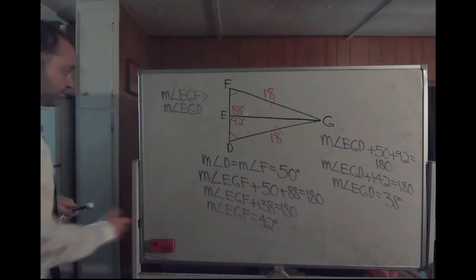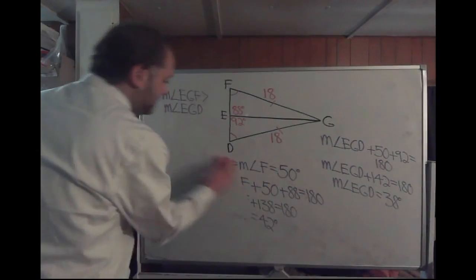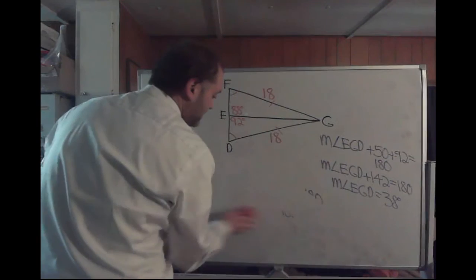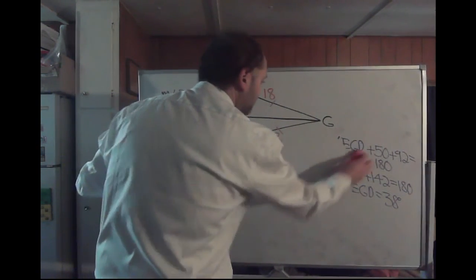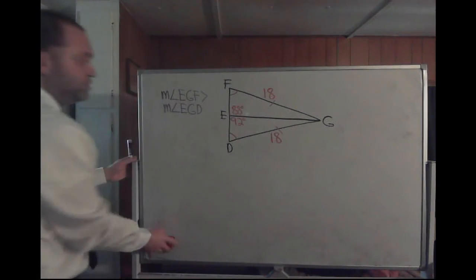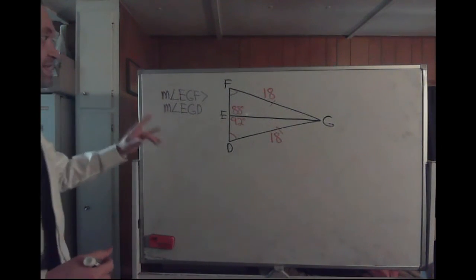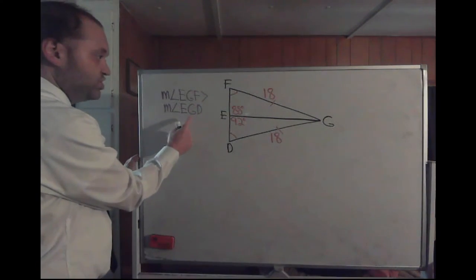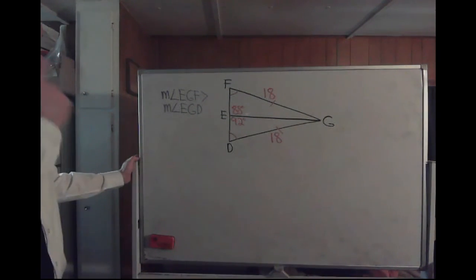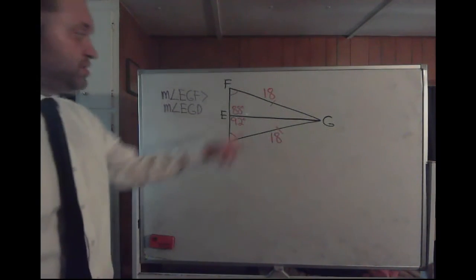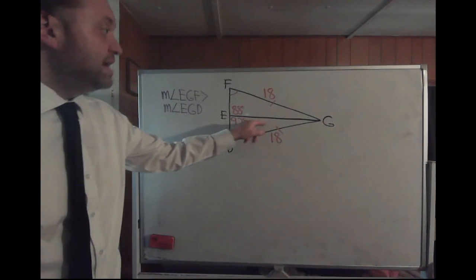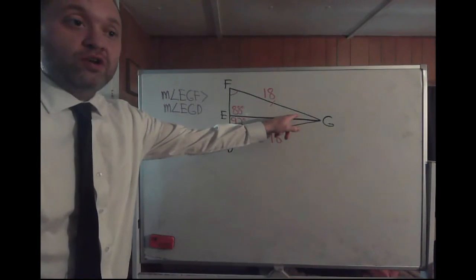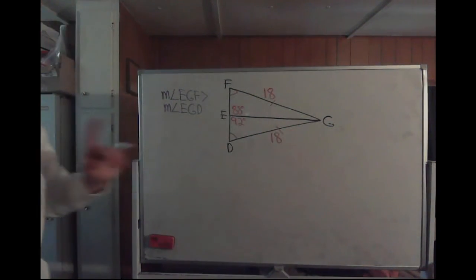Now, I'm going to erase these. I'm going to erase this part because it's really going to clutter the board. By doing an example, and you could do other examples if you want, every time you'll come up with that angle EGF is greater than angle EGD. If we can conclude that, then we now have two congruent sides and the included angle of one triangle greater than the included angle of the second triangle.